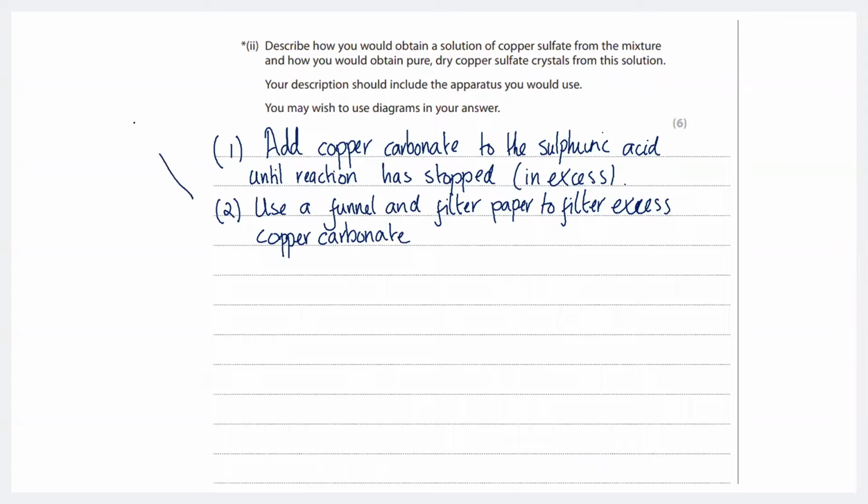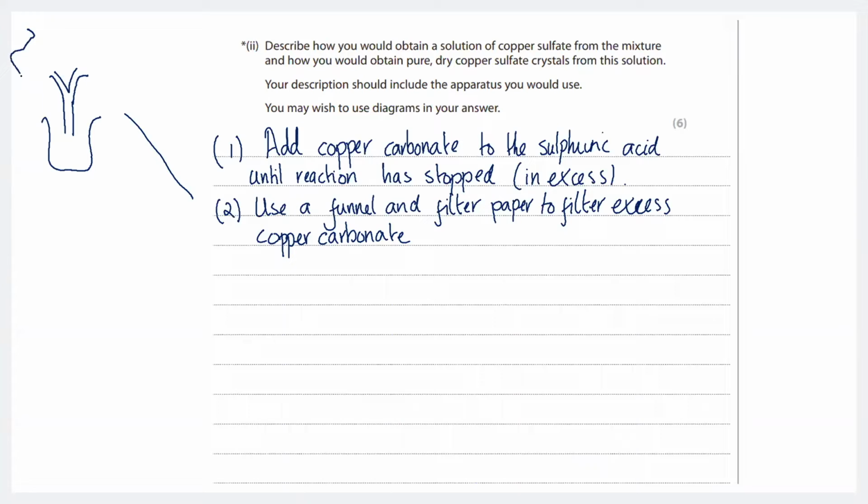So I'm going to draw a little symbol here. It's a funnel, so filter paper, beaker. So you put it in a conical flask, wasn't it?